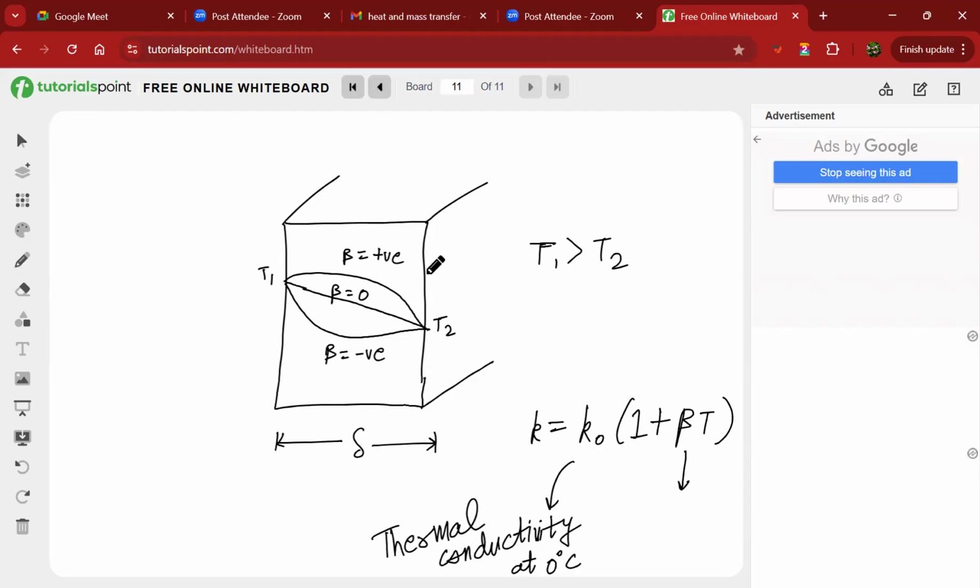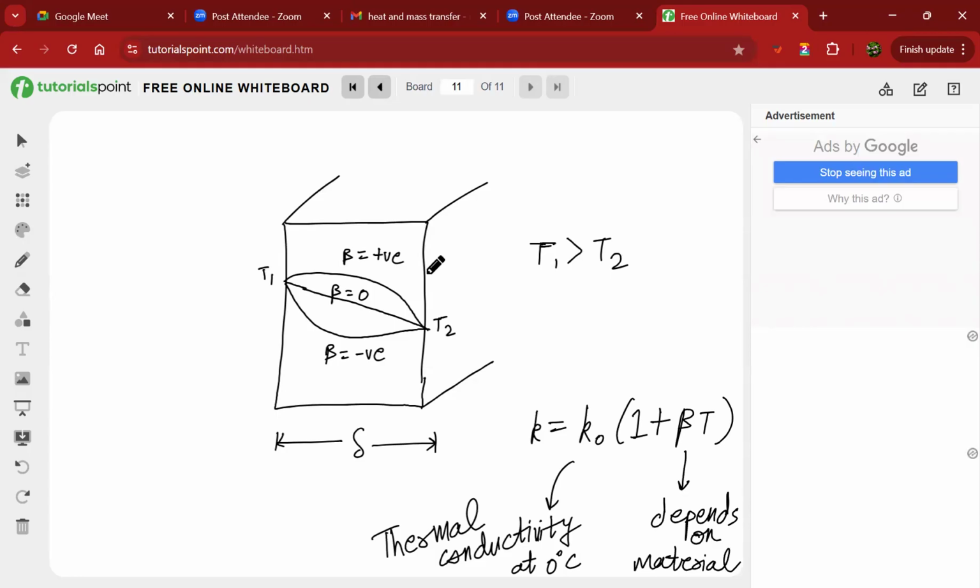And what is this beta? This beta is a constant depending on the type of material. So this is the variation that you will get in case of materials having variable thermal conductivity.